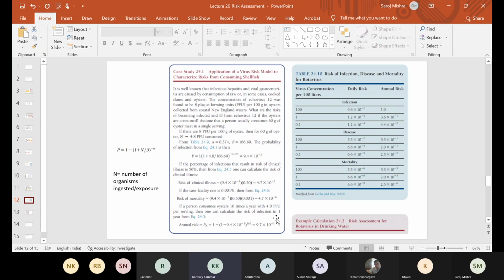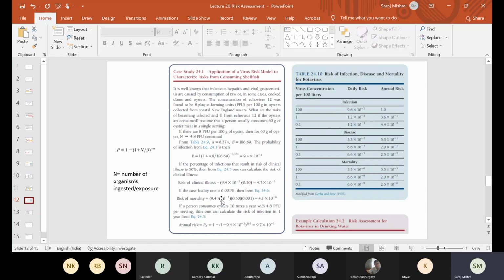So if a person consumes 20 times, will this formula be the same? I think the exposure time is going to change. In my opinion, the exposure time, let me work it out myself also to see and then I will just post it back to you. Because this number will certainly change, because total exposure level is going to change. Okay, then the number changes here. Let me work it out also.